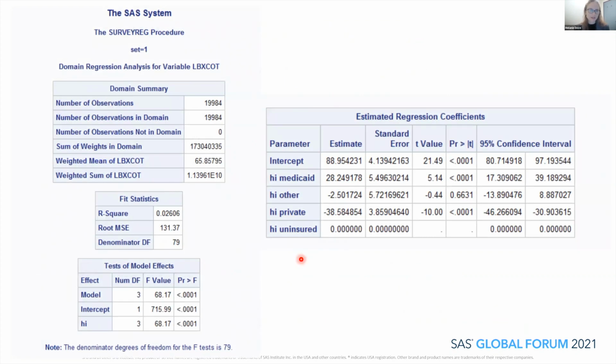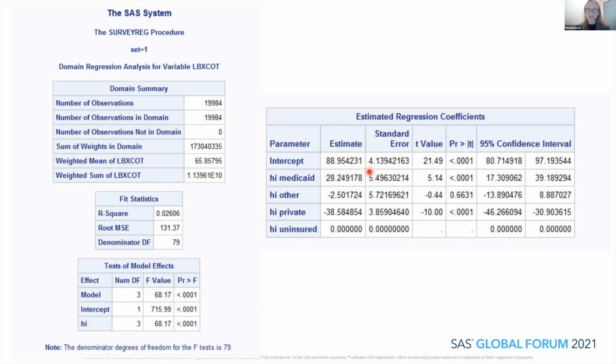Here are our results, and we see at the top that these are the results for set equals 1, and there'll be a separate set of results for set equals 0. Doing it this way, using the domain statement, SAS still uses the entire population of data to estimate the variance.